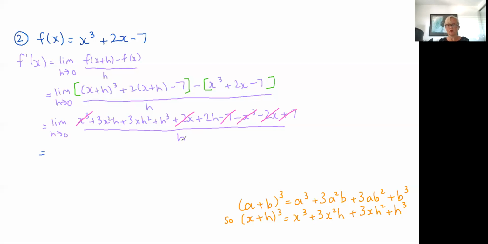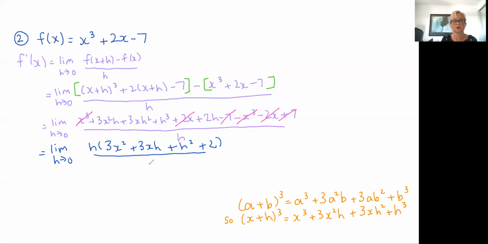So this is one of those many limit examples where it is helpful to take out a common factor. So we're going to get 3x squared plus 3xh plus h squared plus 2. Let's just check. Yep. That's all good, all over h.